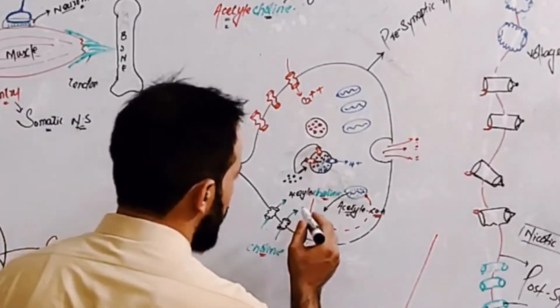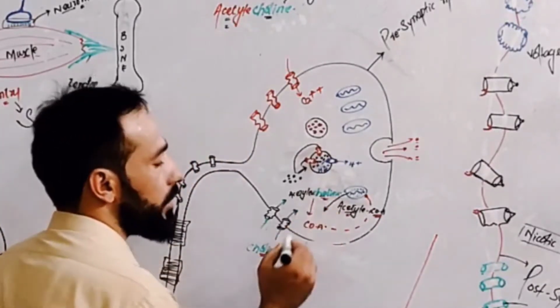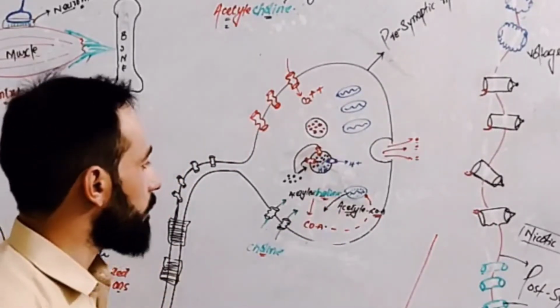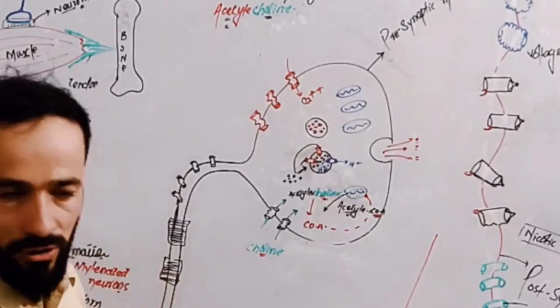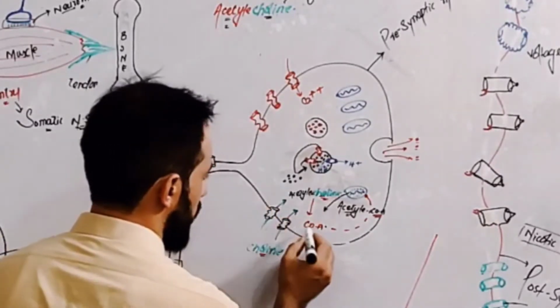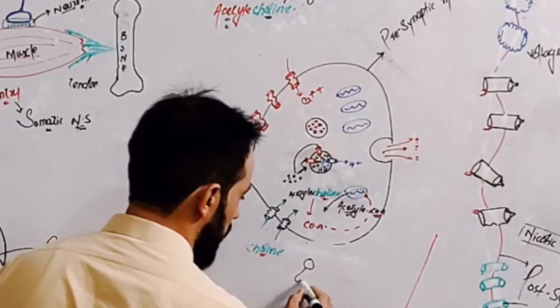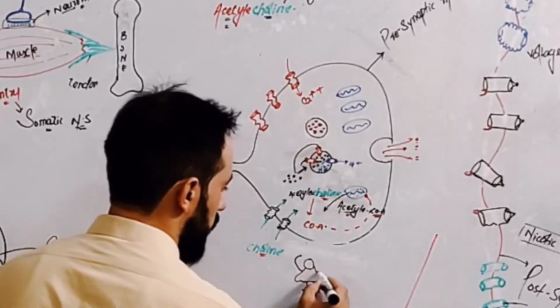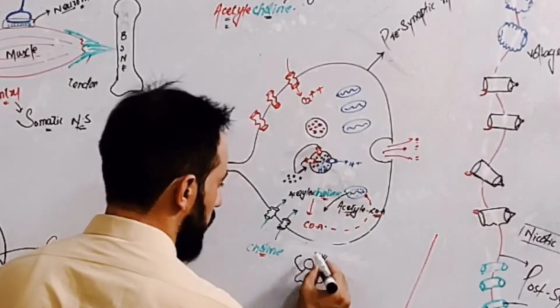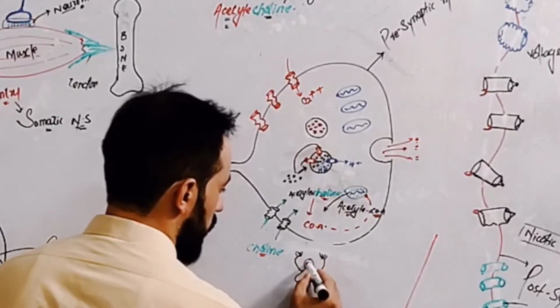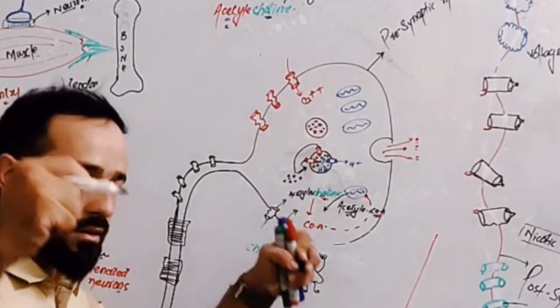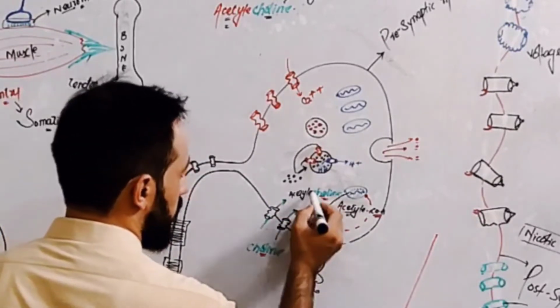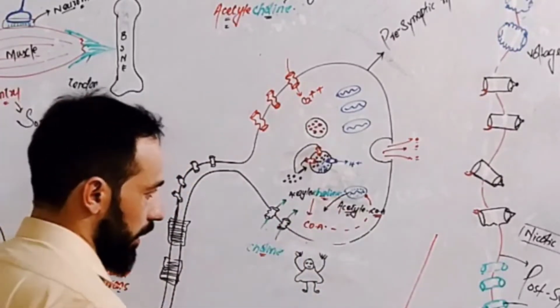Now who is the person who makes this bond? There is an enzyme which is called choline acetyl transferase, right? This action is performed by, let me make this beautiful person, right? He is the person who is raising his hands, right? And what he has done, he has formed this bond between acetyl and choline, right?